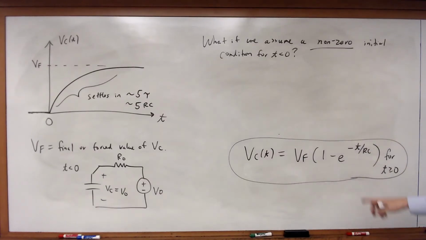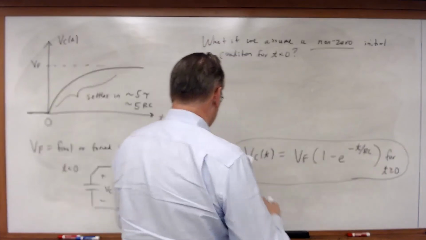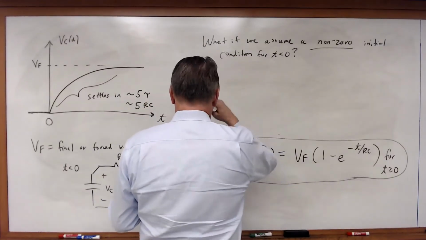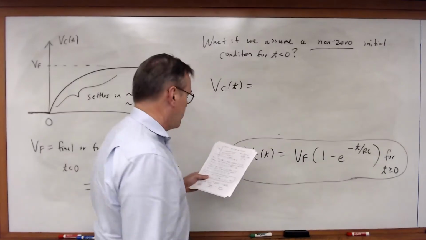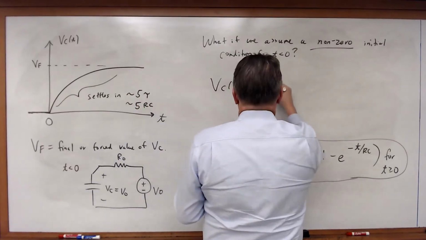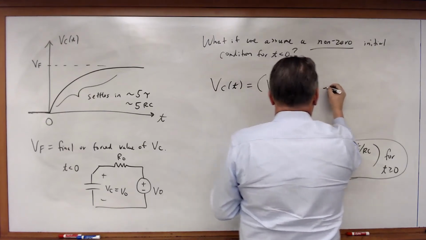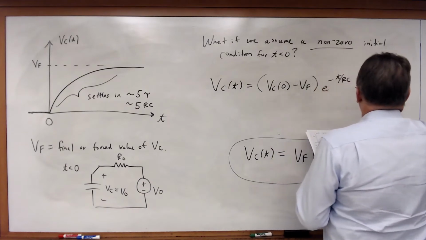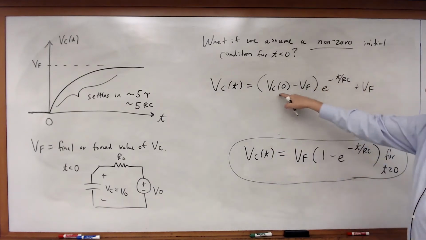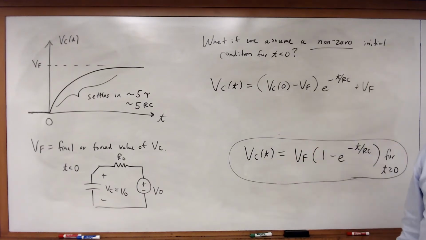Well, in that case, I could take that formula and I can keep that Vc of 0 term and I'm going to write it like so. Let's return to our previous equation. I'm going to go ahead and rewrite that. So let's just say Vc of 0 is equal to V0. Let's give it some non-zero value.